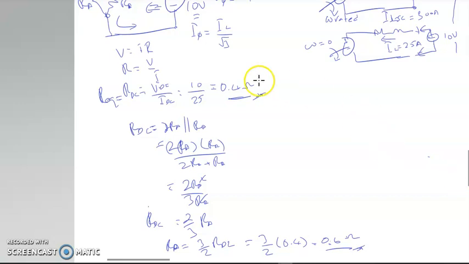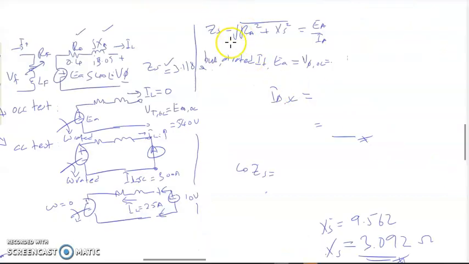Okay, 0.6 ohm. Then we shall find the internal impedance of the system, ZS, which is equal to the square root of RA squared plus XS squared, which is equal to the internal generated voltage divided by armature current, EA divided by IA.